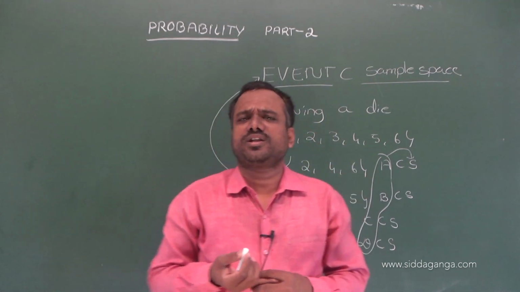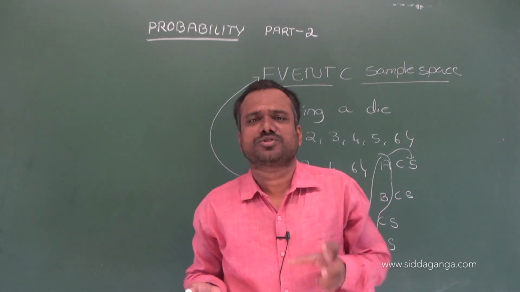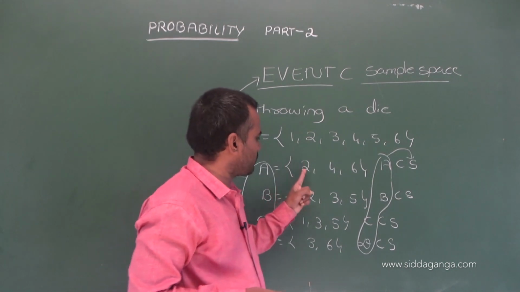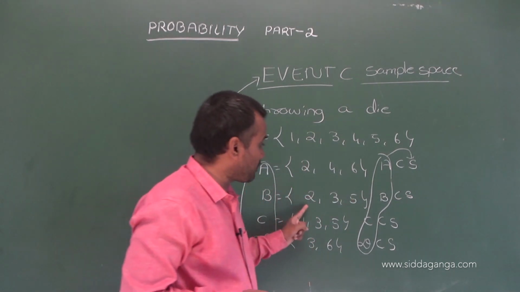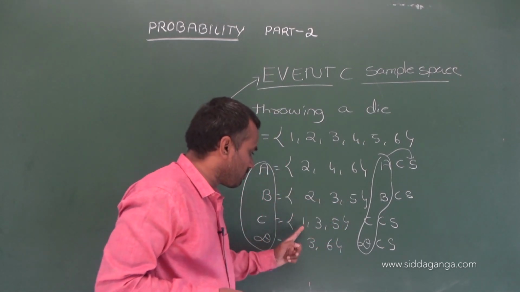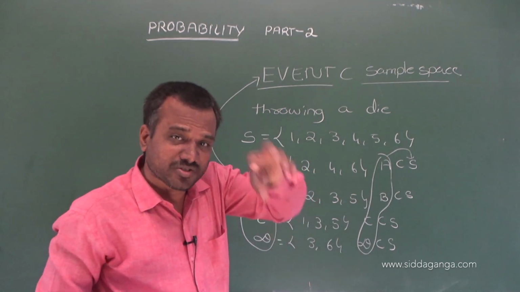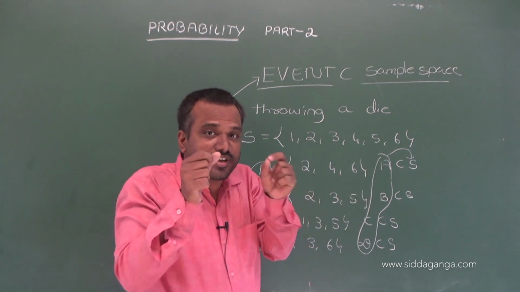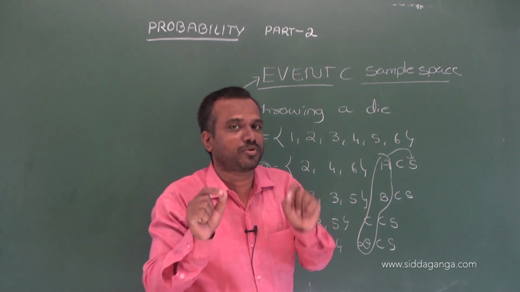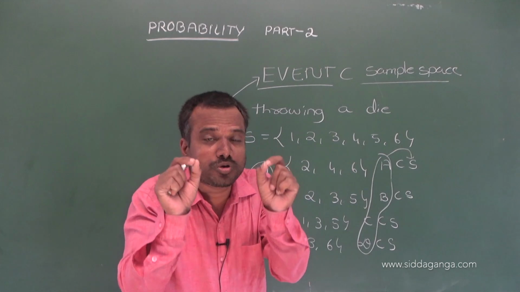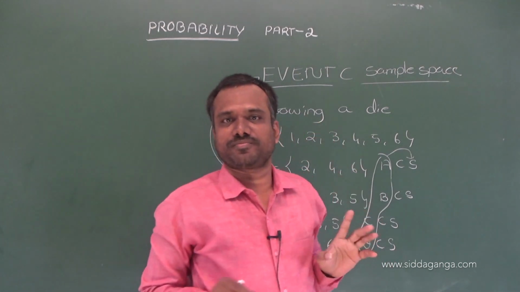In another way, if you want to say the favorable outcome, observe here, my favorable outcome is only even numbers. Here my favorable outcomes are only prime numbers. Here my favorable outcomes are odd numbers, and here my favorable outcomes are divisors, or factors, of 9. The favorable outcomes of a sample space, very important, are called an event.